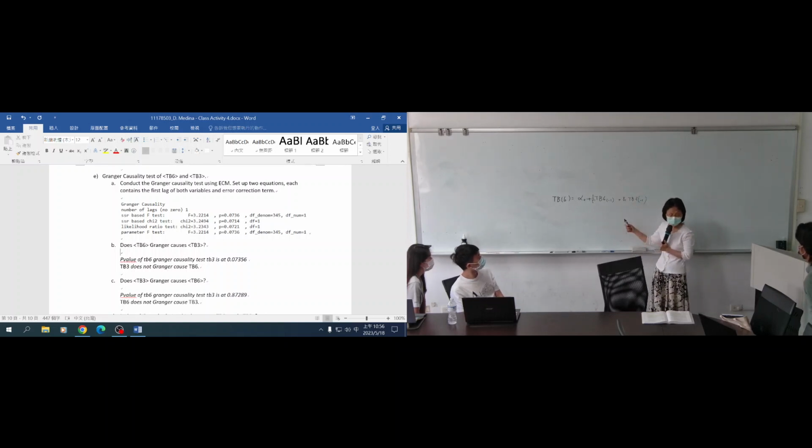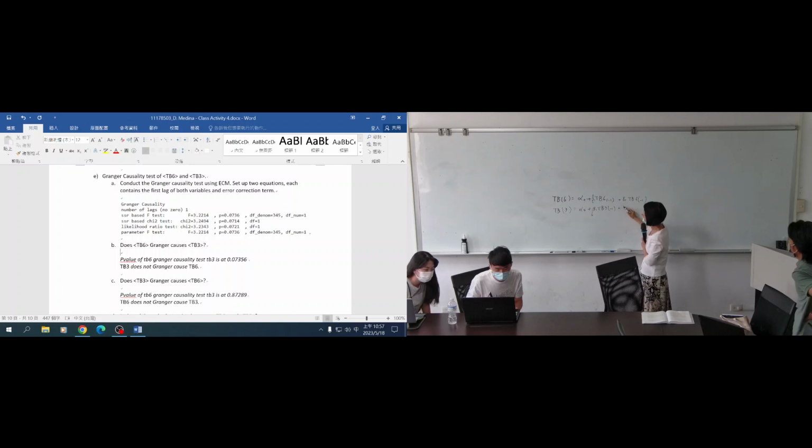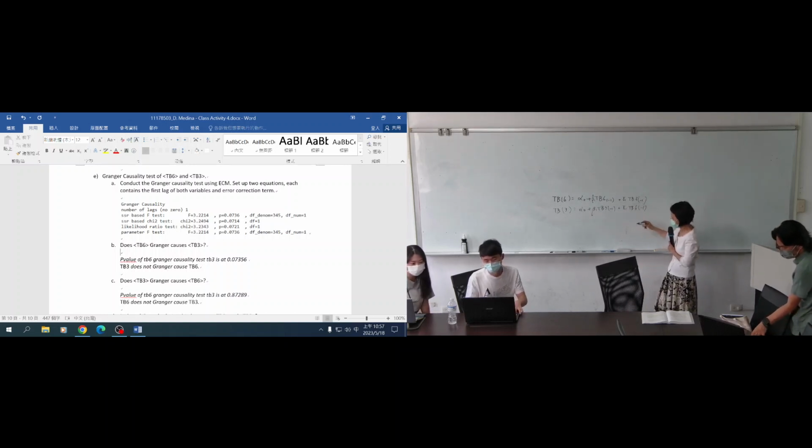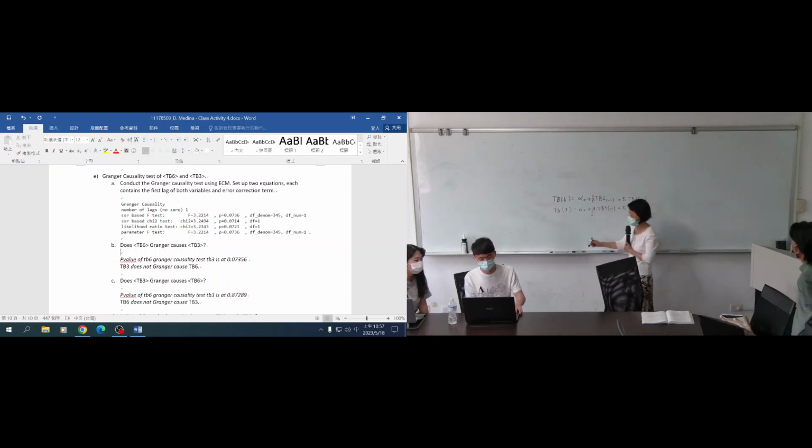So you should have this model. Then the other one is the reverse: TB3 with alpha 0, beta 1 for TB3 lag 1, and gamma 1 is TB6 lag 1. So I should have these two outputs.